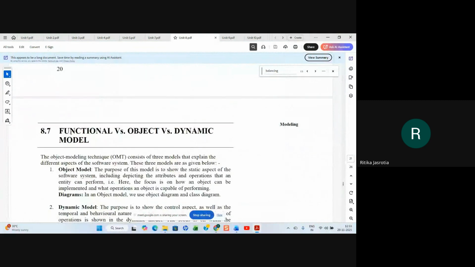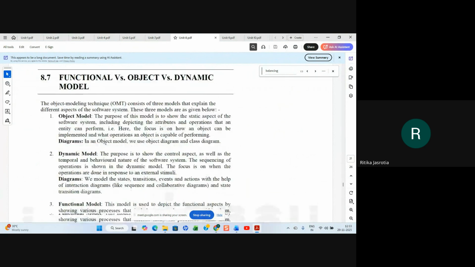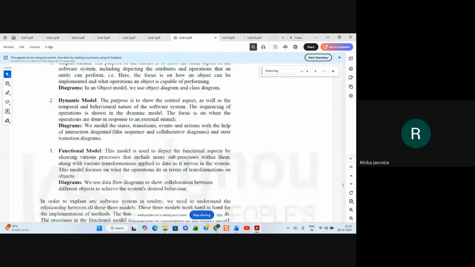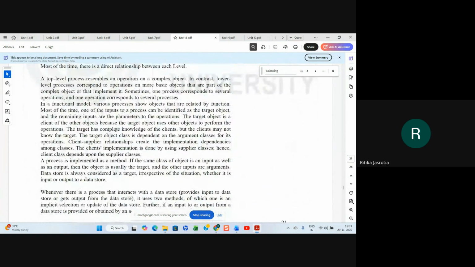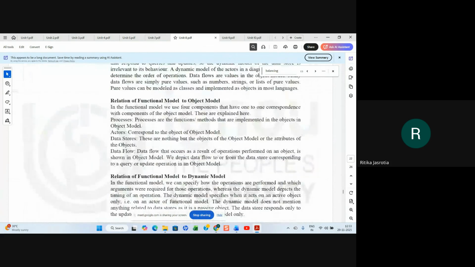And if you are asked about functional versus object versus dynamic model, the difference between the three of them is also there, so you can go through them also.